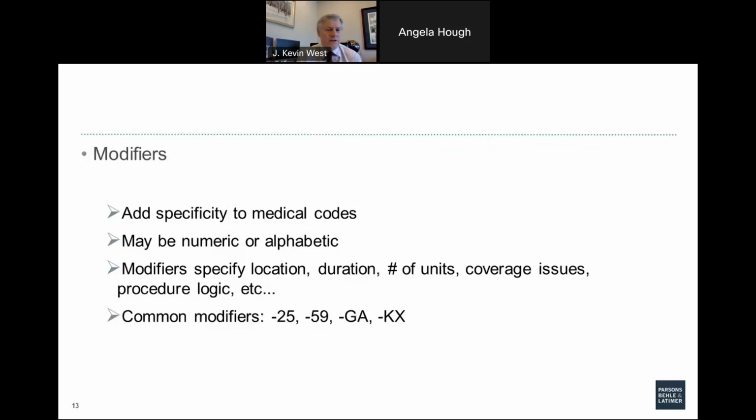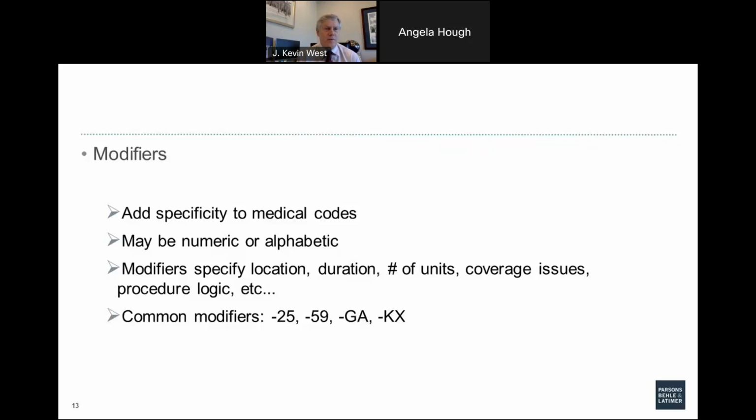These modifiers may be numbers, they may be alphabetic letters, and these modifiers are quite critical because they provide just a wealth of information, like the location of the service, for example.